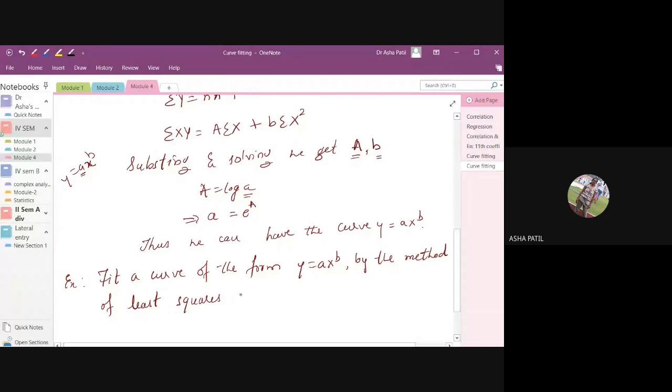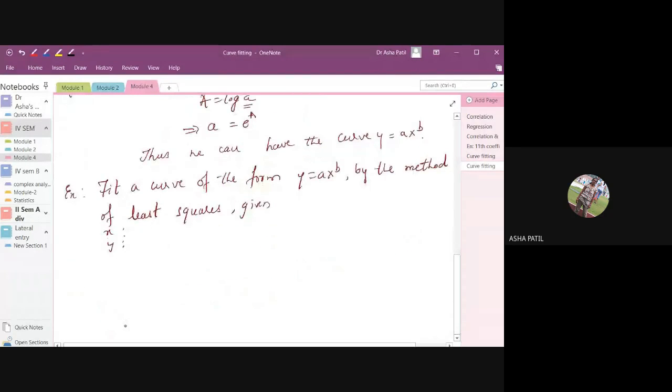Given, take the values of x and y. X values are 1, 2, 3, 4 and 5.